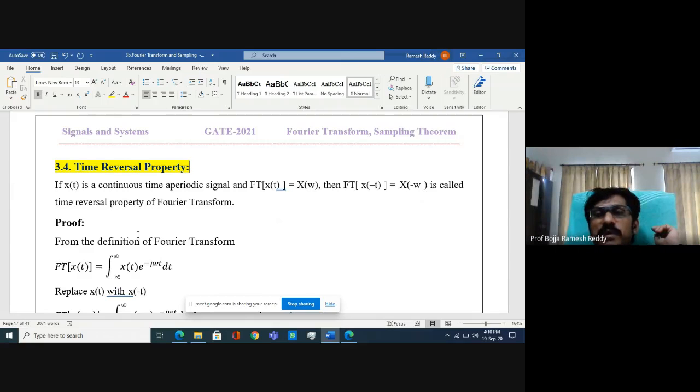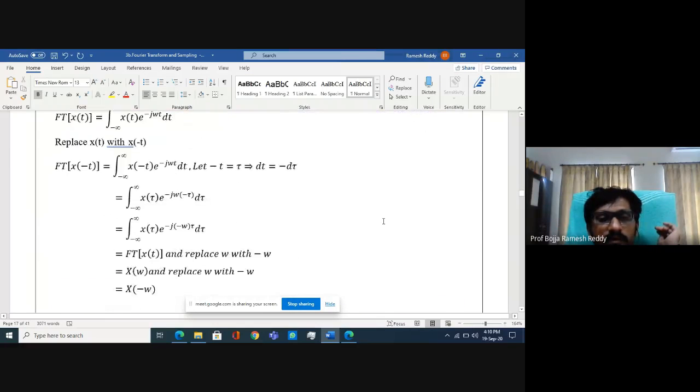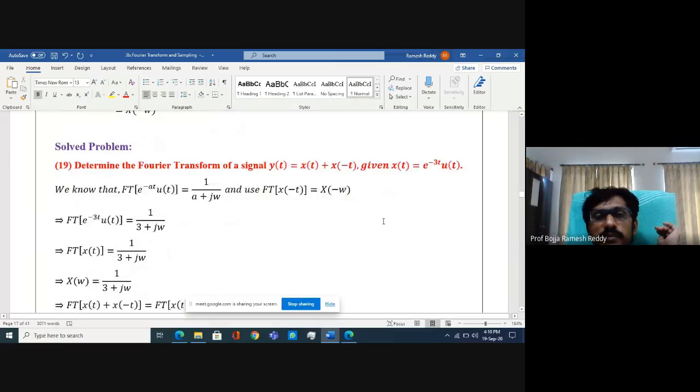That's all. The Fourier transform of x of minus t is equal to the time reversal form of the frequency domain. Derivation not required. See the problem, how to solve, how to apply.